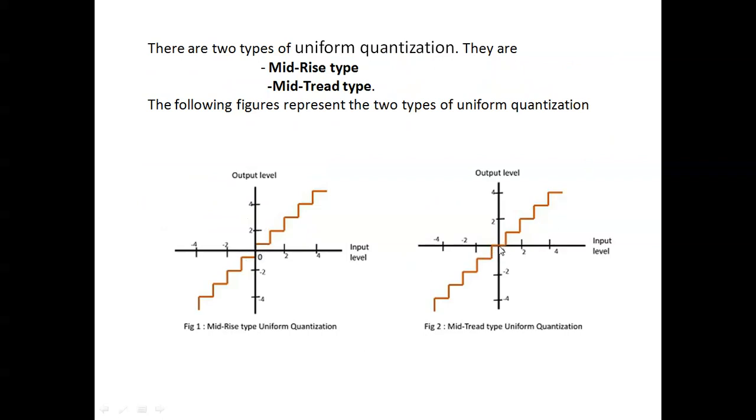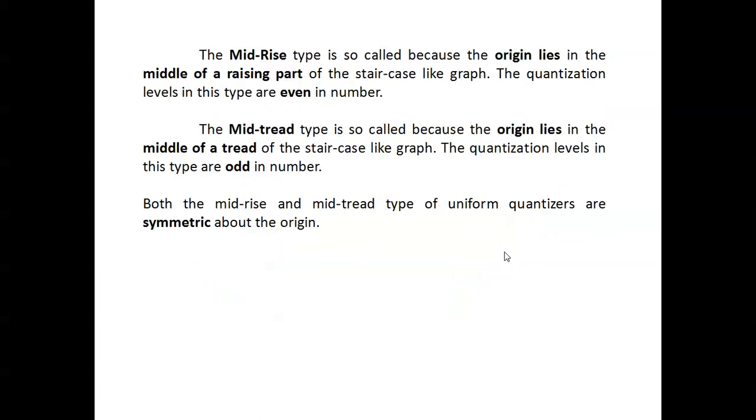If the origin is on the rise, it is a mid-rise type; if it is on the tread, it is a mid-tread type. In the mid-rise type, the number of quantization levels is even, and in the mid-tread type, the number of levels is odd. Both mid-tread and mid-rise uniform quantizers are symmetric about the origin.